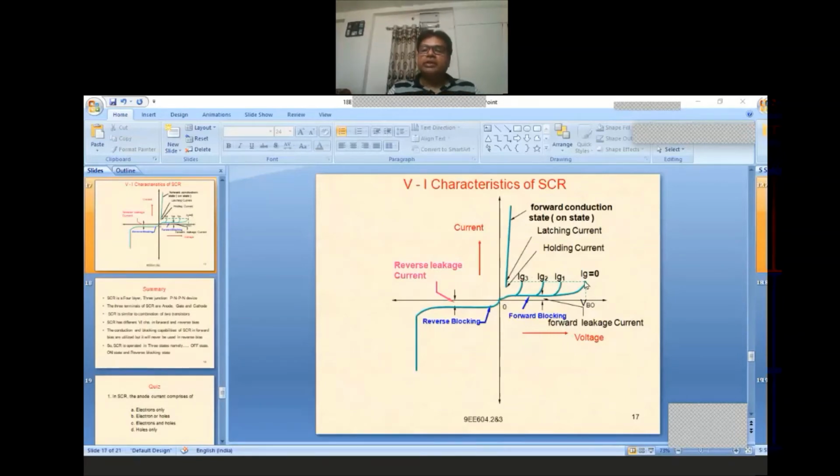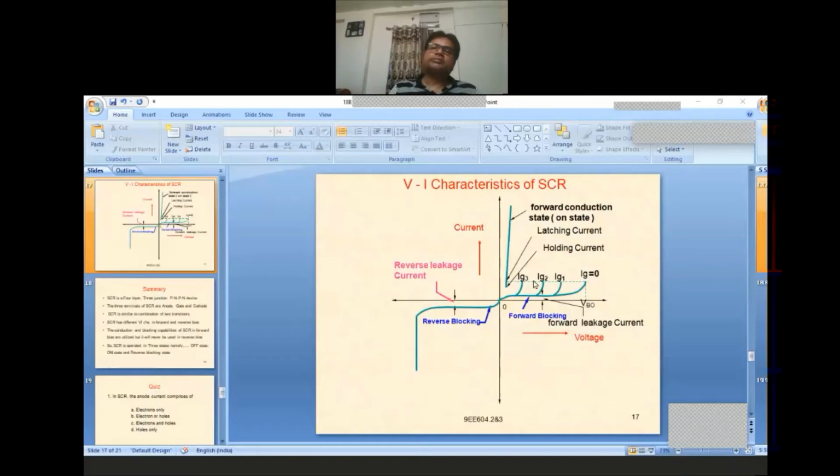When compared to the actual condition of VBO, by giving gate currents, by increasing gate currents, you are able to turn on SCR at lesser voltages, and also the turn on time will go on decreasing. Means you are able to control the turn on time of SCR by applying a gate signal or gate pulse.